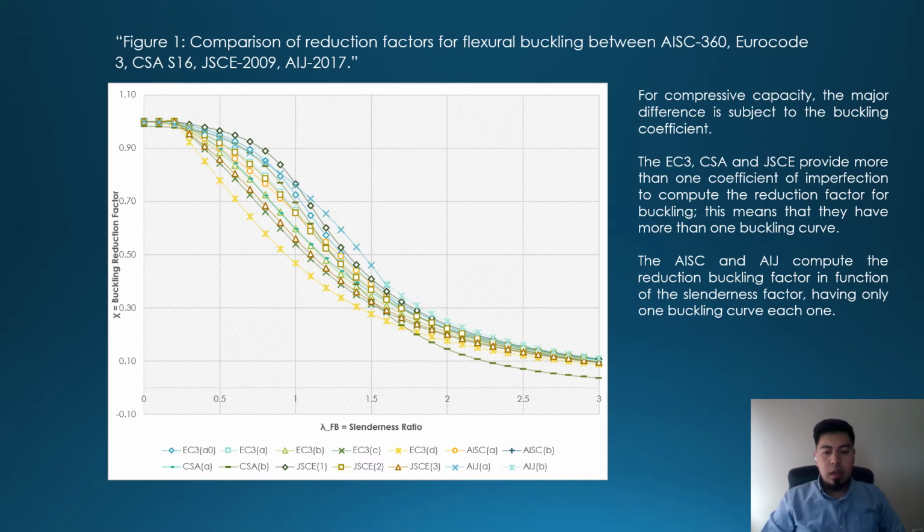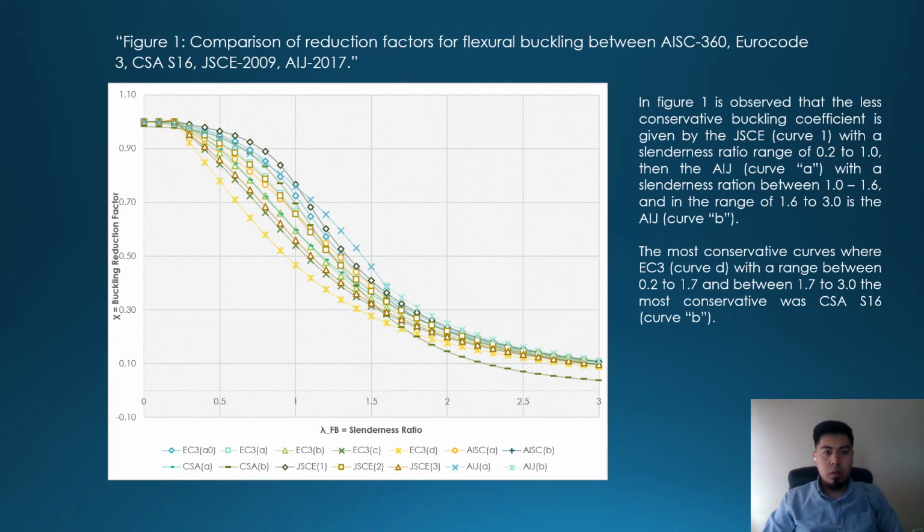The AISC and the AIJ compute the reduction factor as a function of the slenderness factor, having only one curve each. This figure also shows the decline of the reduction factor when the slenderness increases. Thus, the nominal axial strength is affected when the slenderness of the cross-section increases.